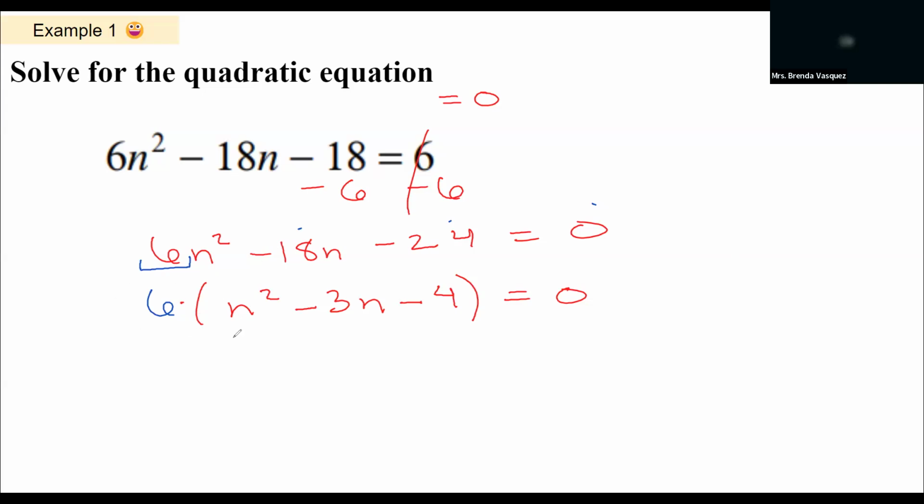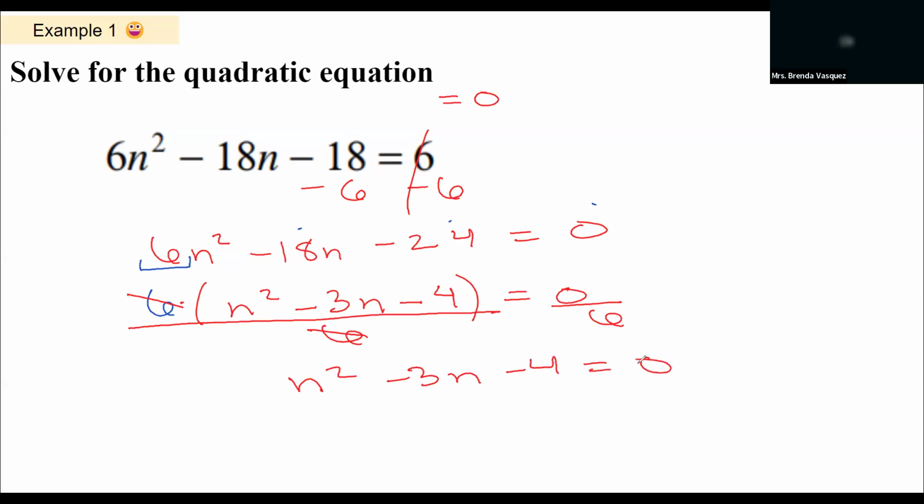Well, whenever you factor, you try to find the factors, then yes. But now we can divide both sides by 6. So that takes care of that value. We're left with n squared minus 3n minus 4 equal to 0.